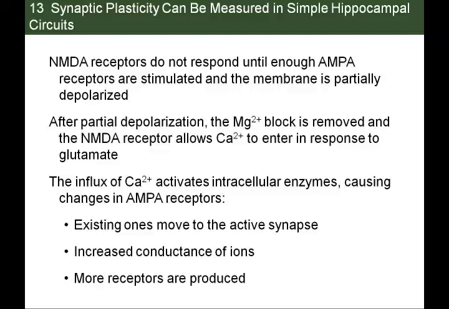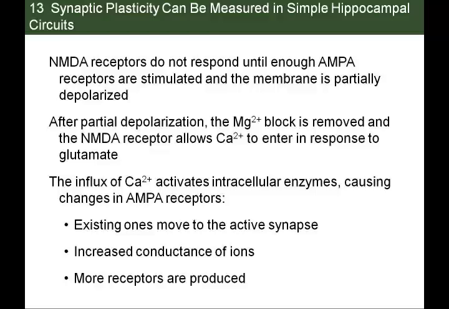Calcium will only come in once the NMDA receptors have ejected that magnesium and are free to be activated by glutamate. And once the calcium comes in, it activates a lot of intracellular enzymes that lead to a lot of changes, actual structural changes.